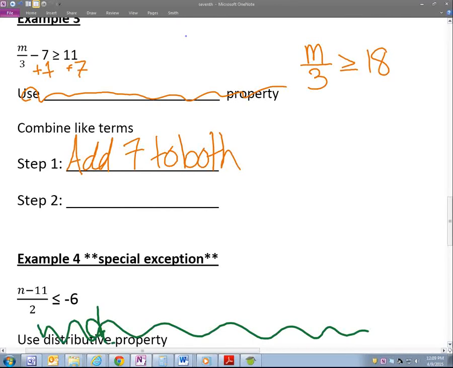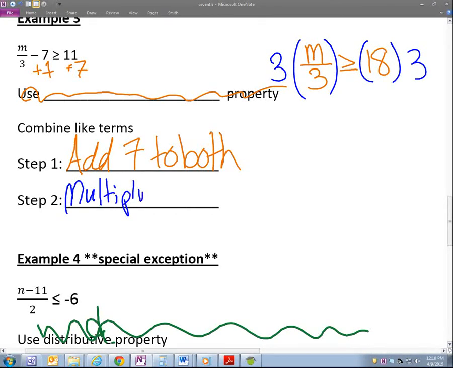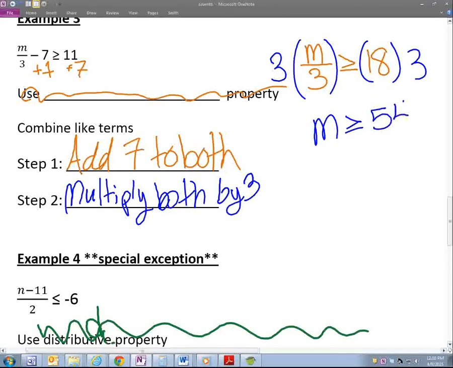Multiply yourself 3 times, right? Yeah, so then there'd be 3 Wills. Multiply both sides by 3, so we have m is greater than or equal to 54.